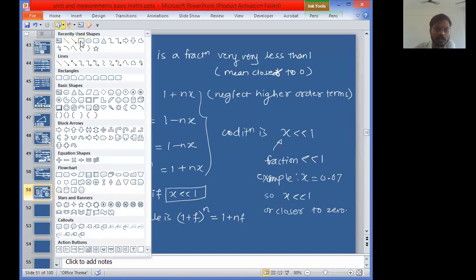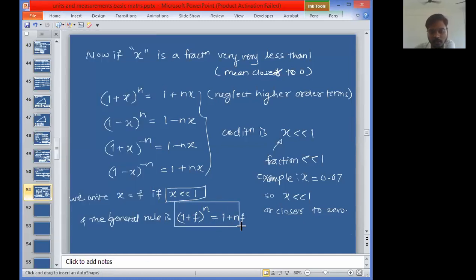This we are going to use too many times in the physics. 1 plus fraction raised to n is 1 plus n times fraction. Condition काय आहे बा, the fraction should be very less than 1. Okay, 1 plus fraction raised to n is 1 plus n times fraction.